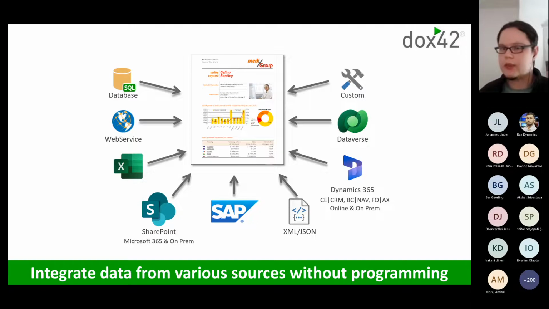You can get user data from Dynamics 365, for example, from your CRM system, then get more detailed data from these users out of a database, maybe get some product information out of a SharePoint list, and add all of that into one template, and you can get one document with data from all of these sources.